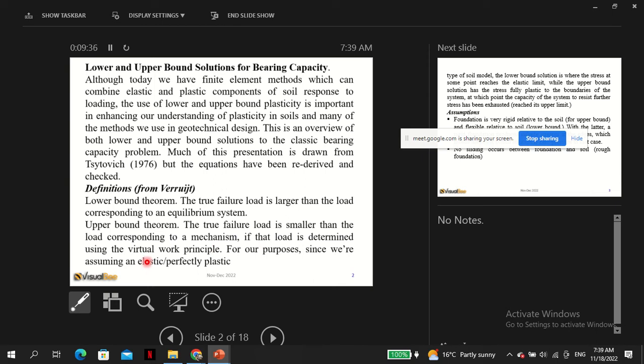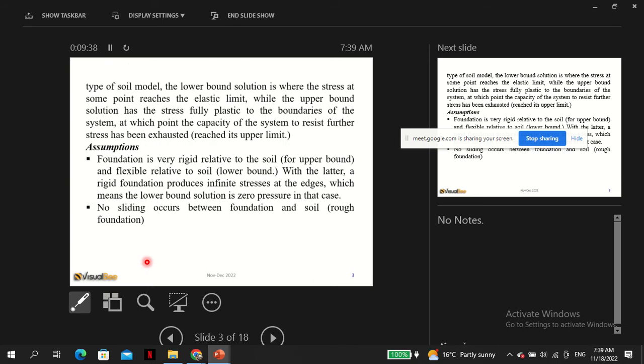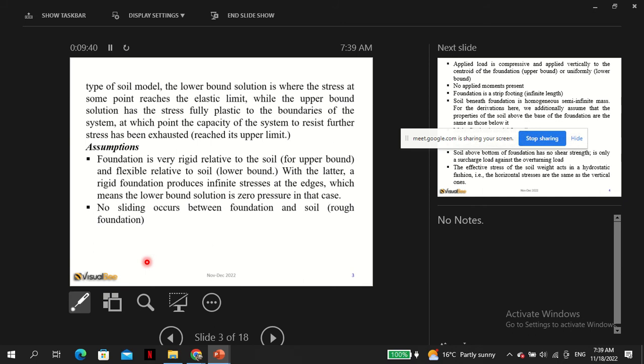Since you are assuming an elastic, perfectly plastic type of soil, the lower bound solution is where the stress at some point reaches the elastic limit, while the upper bound solution has the stress fully plastic to the boundaries, at which point the capacity of the system to resist further load is exhausted.